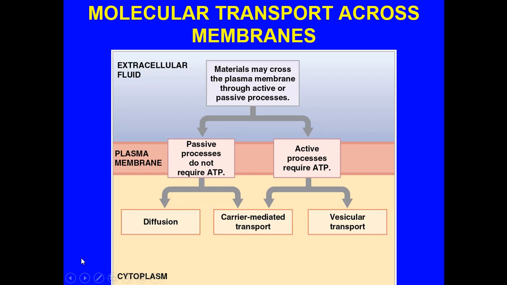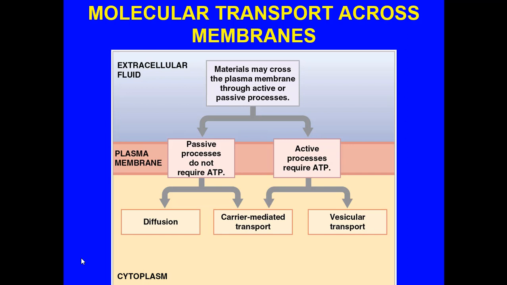In extracellular fluid, you have materials that will cross the plasma membrane through active or passive processes. Okay? At the plasma membrane, passive processes do not require energy. In most cases, it's going to be in the form of ATP. You could have simple diffusion where it goes right through the plasma membrane, or you can have carrier-mediated.